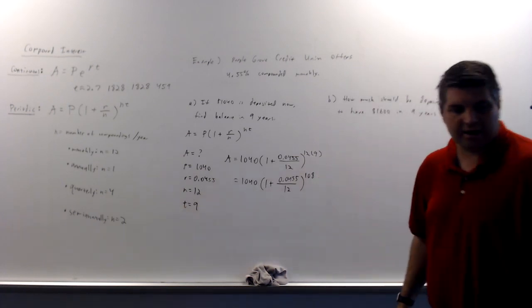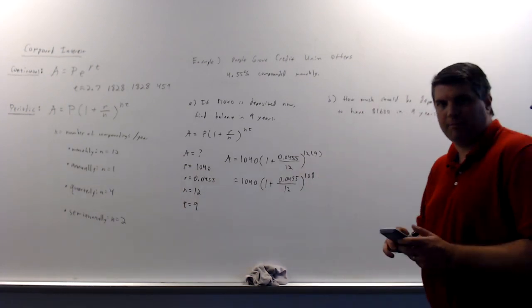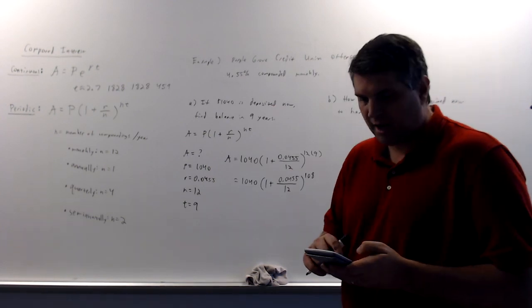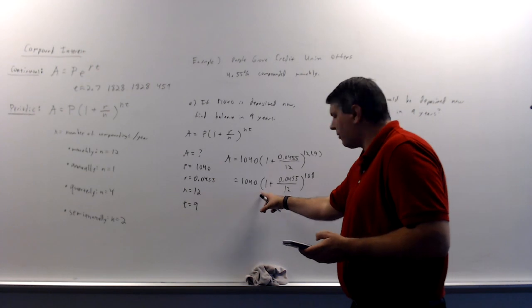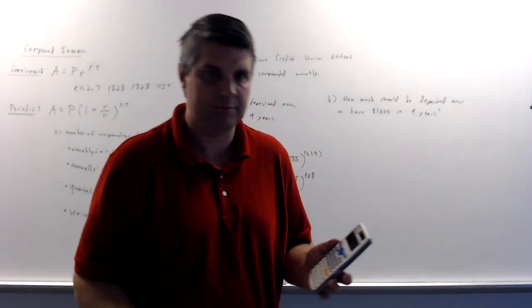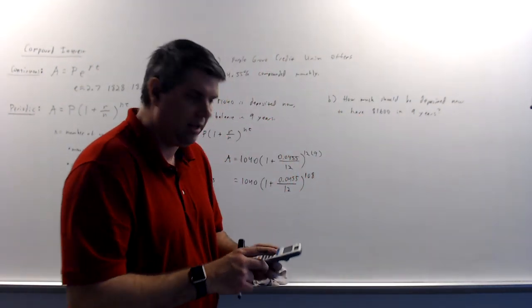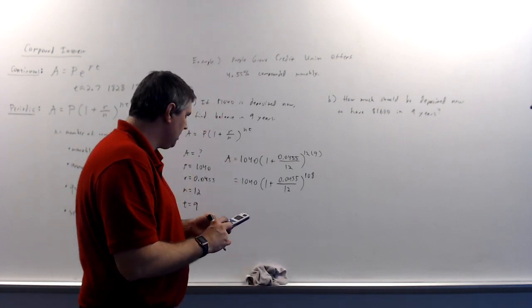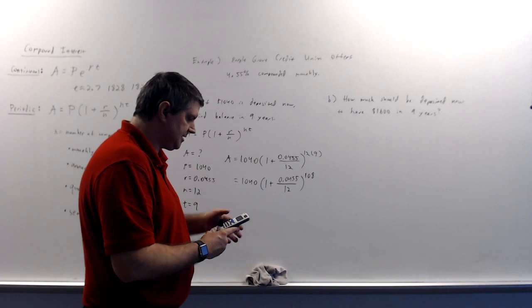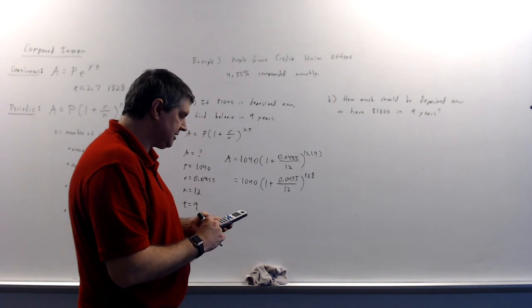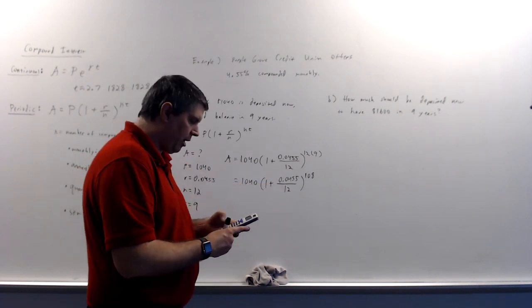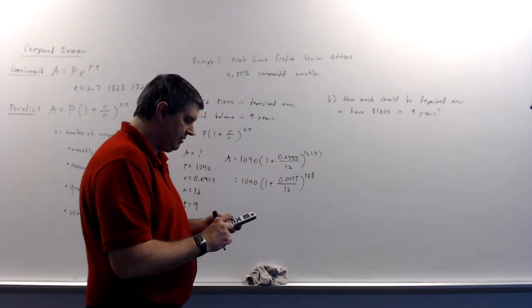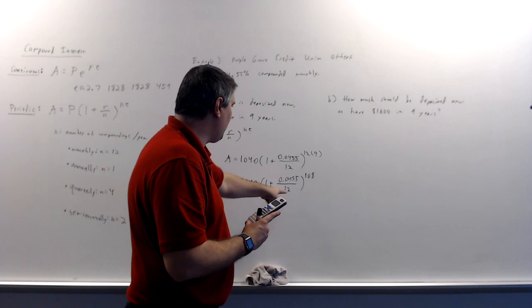Now on most calculators, this isn't going to be a problem. You just type in the 1040 times, open a parenthesis, 1 plus 0.0455 divided by 12.